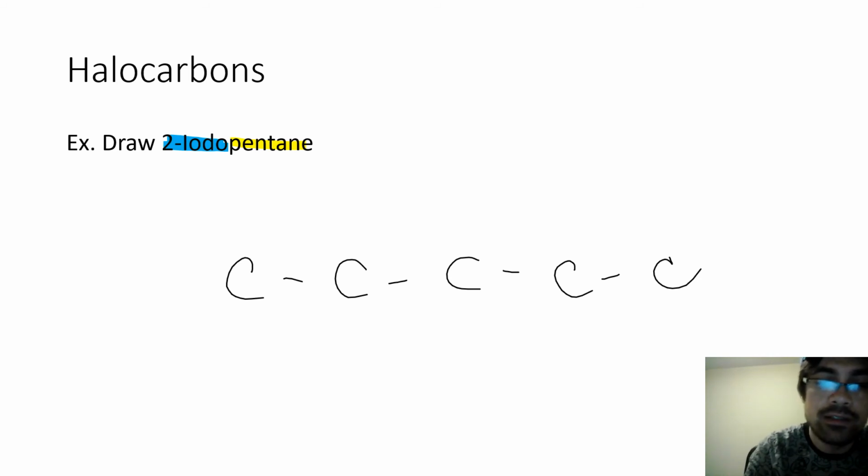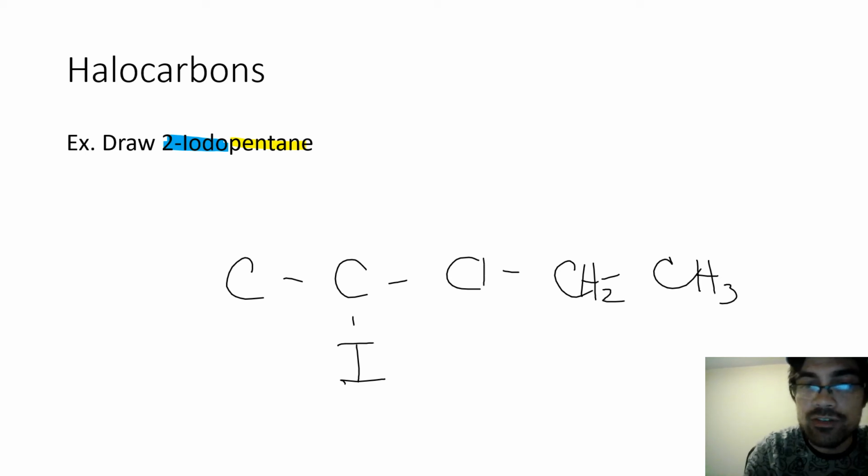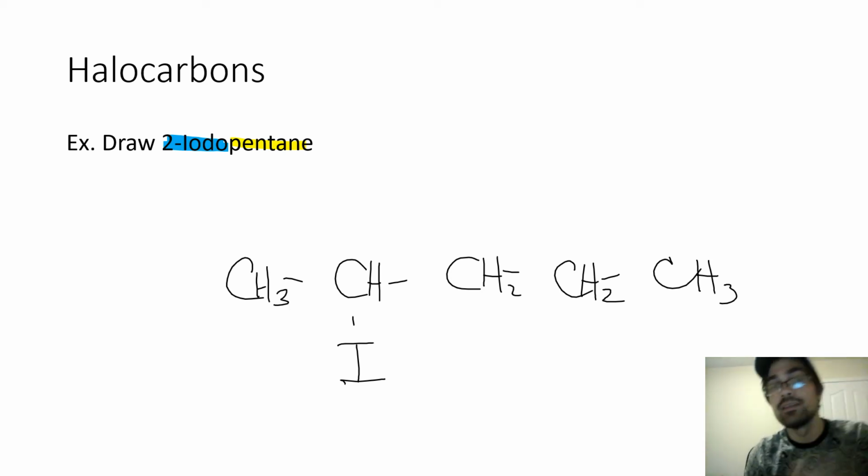So iodine, remember that's just an I, it's on the second carbon. Draw it there, and now we fill in the rest of the hydrogens. Okay, and that's 2-iodopentane.